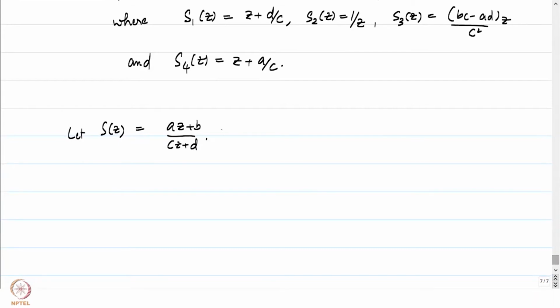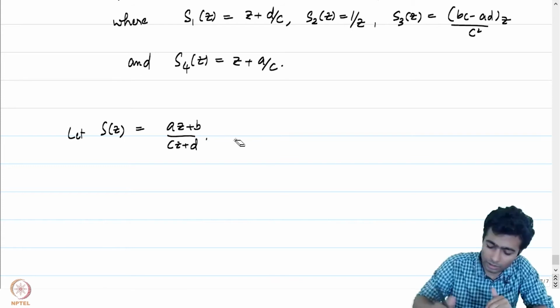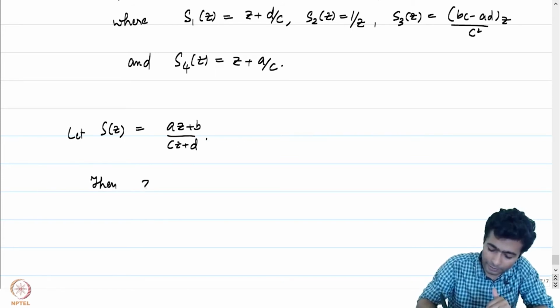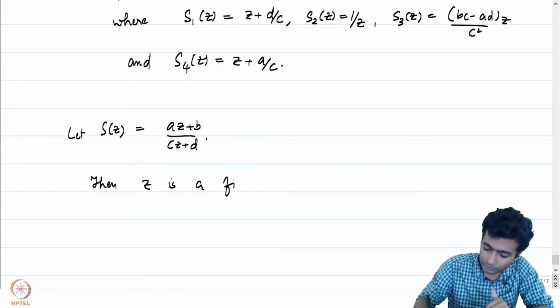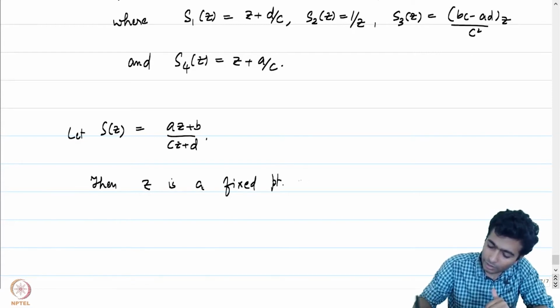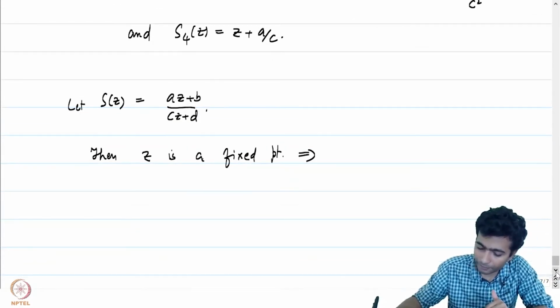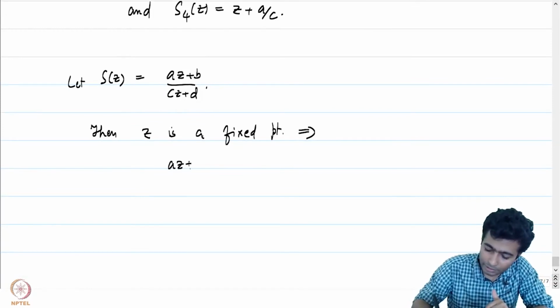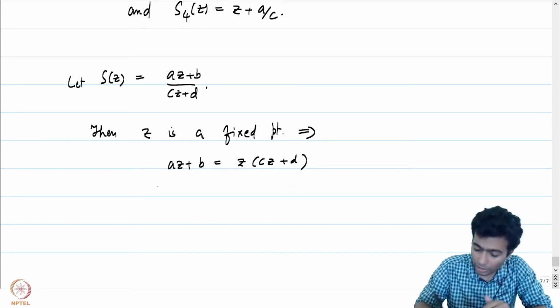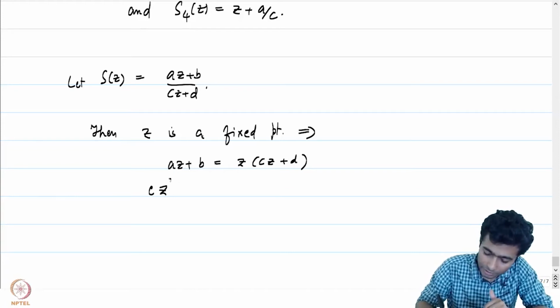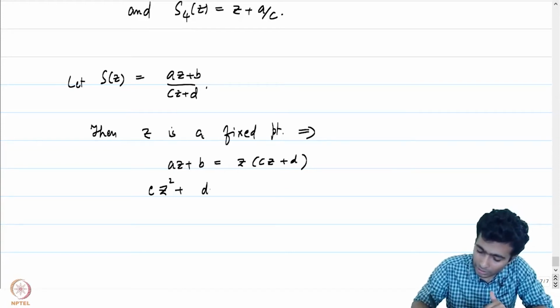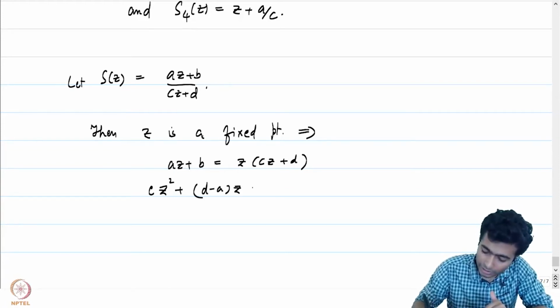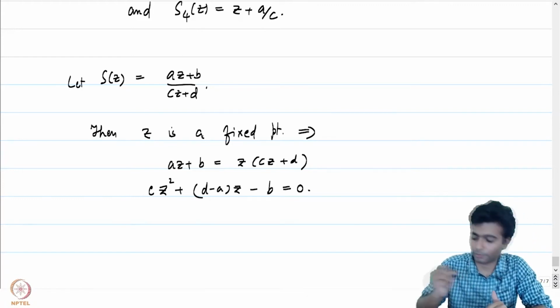So let S of z be equal to az plus b by cz plus d. Then z is a fixed point implies that az plus b is equal to z times cz plus d, and we end up with a quadratic polynomial of the type c times z square plus (d minus a) times z minus b is equal to 0.